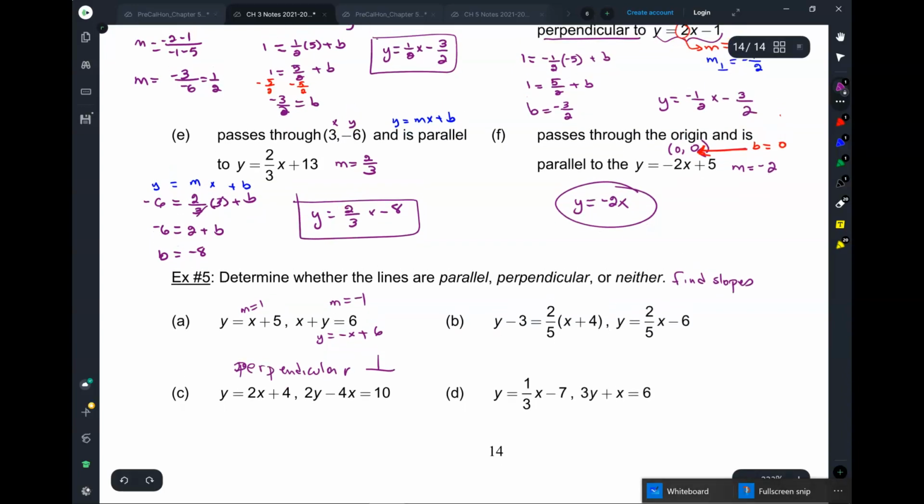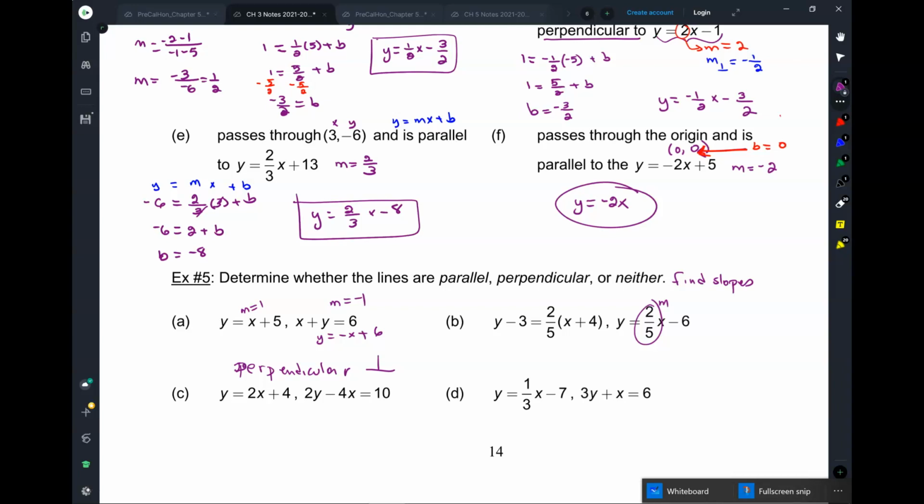Okay. So, here we go. y is equal to, for the second one, 2/5 x, so that's the slope, yes? Okay, here, look at what happens. I can solve this for y. Do I really need to do all the distributing and everything?